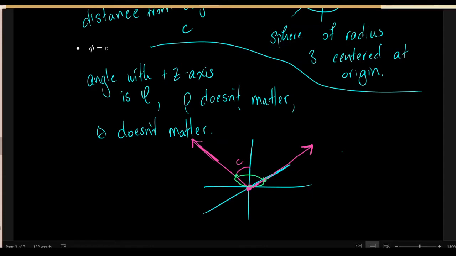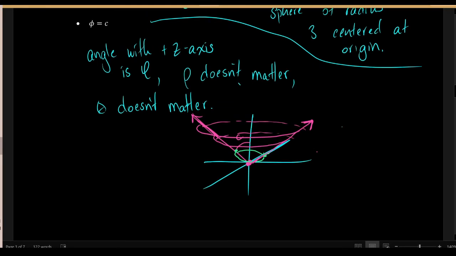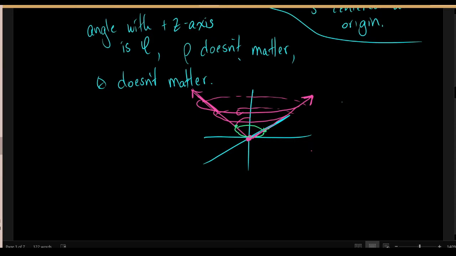So because I can travel in any horizontal direction for any distance I like, the shape that is formed is a cone. A cone is the shape formed when phi is a specified angle and the other variables are free.